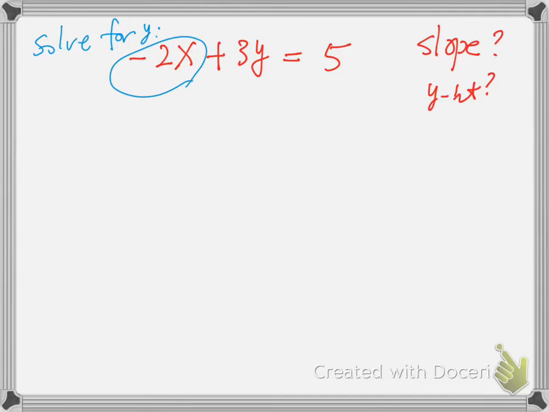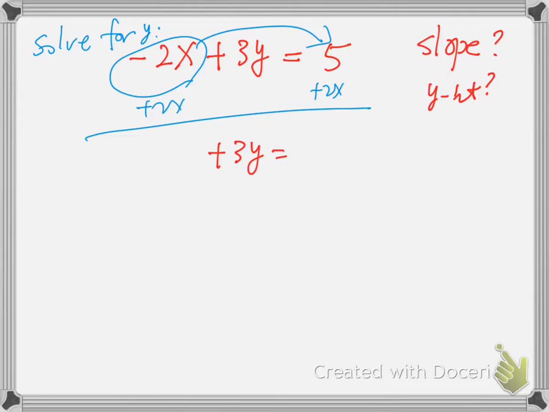So first we move that to the right hand side, or cancel negative 2x by positive 2x. So plus 2x on both sides. We get positive 3y is positive 2x plus 5. So we isolate the y term.